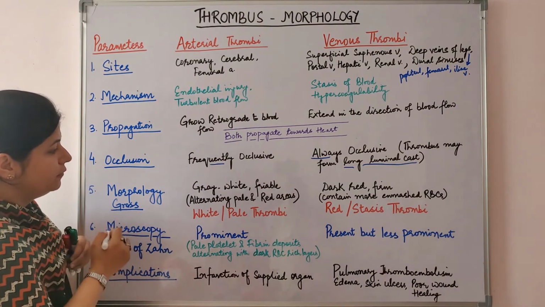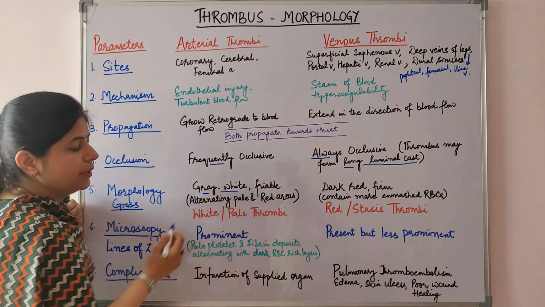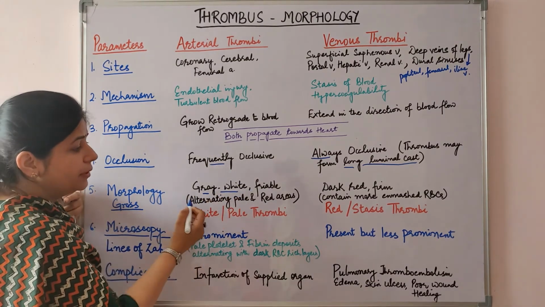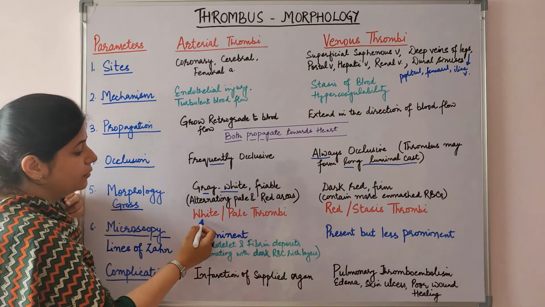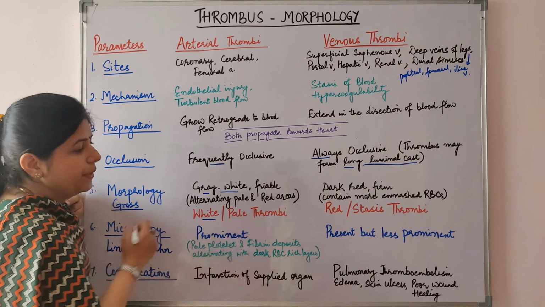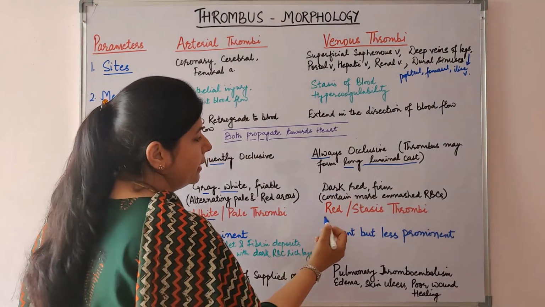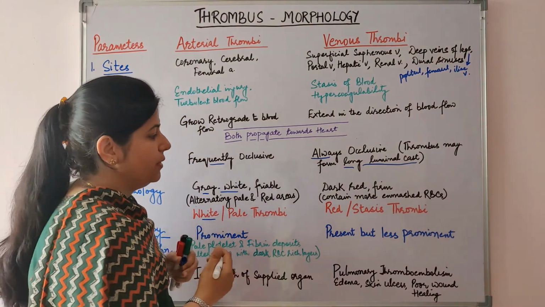Morphology, gross features. The arterial thrombi are grey-white, friable. Friable means they crumble, and they have alternating pale and red areas. Arterial thrombi are also called white or pale thrombi. Venous thrombi are dark red and firm. They contain more enmeshed RBCs.